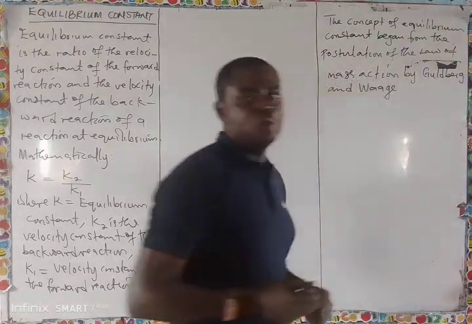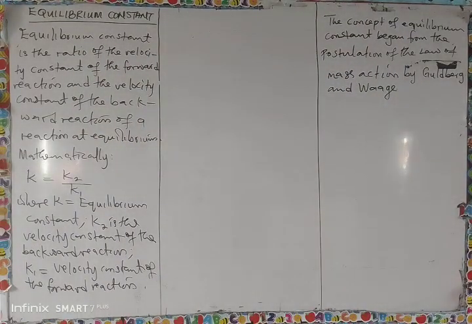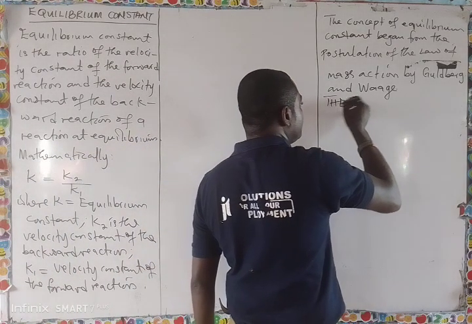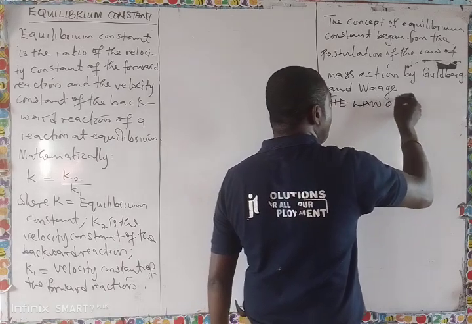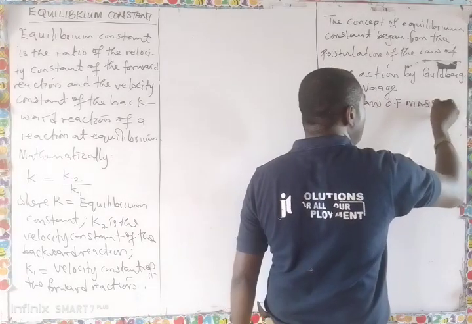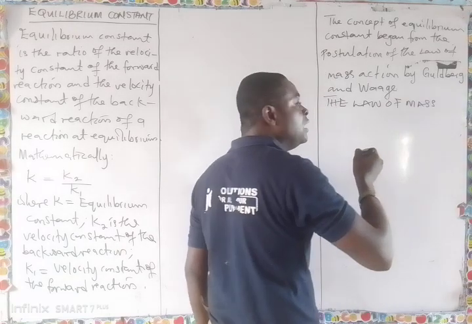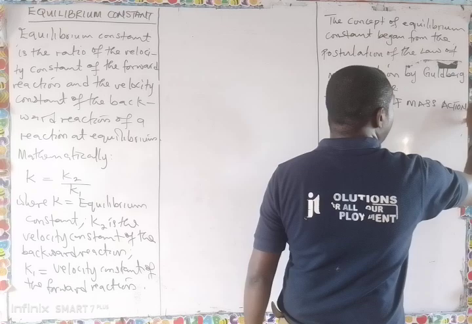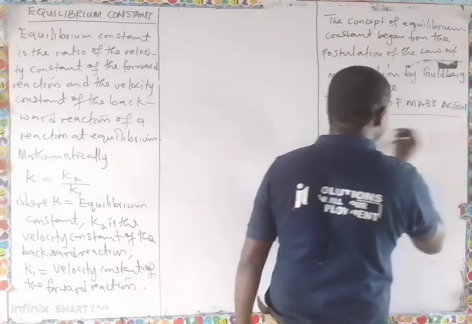These two men, Gutenberg and Wald, stated the law of mass action. That was where this came up. What is the law of mass action? It is similar to the rate law.